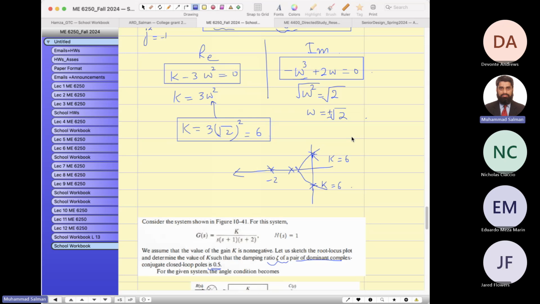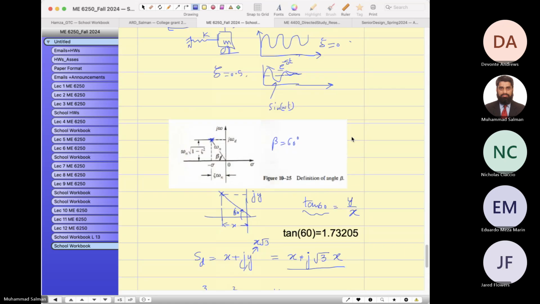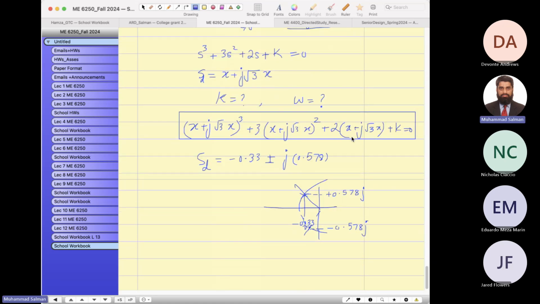Another thing I want to show you is how you would find the angle of departure. Sometimes there is another technique, which we call the departure angle or arrival angle.